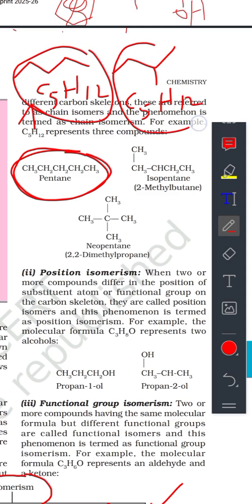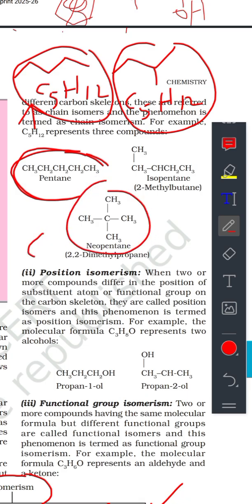This is also C5H12, and one more is given, which is also C5H12. So this is a straight chain compound.